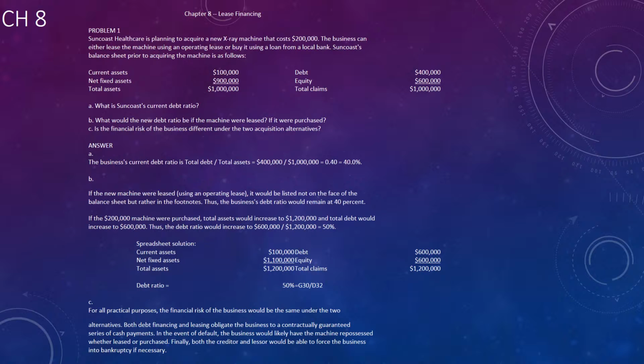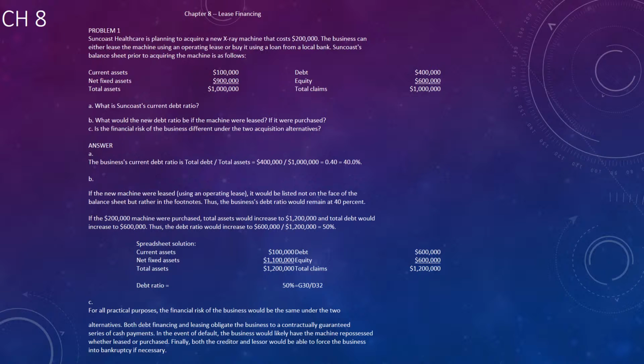Thus, the business debt ratio stays at 40% if it's an operating lease. So that doesn't change. If the $200,000 machine were purchased, the assets are actually going to increase to $1.2 million. And total debt increases to $600,000. So now we do the debt ratio, it's 50%.